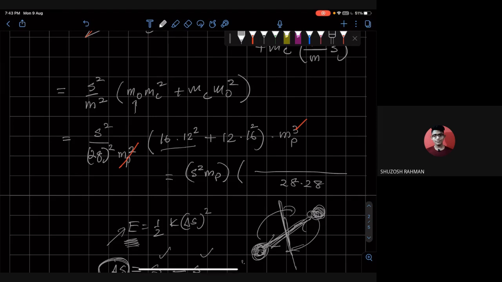so what is this? This is 4 to the power, sorry, 4 squared, 4 cubed, right? 4 cubed times 3. And this is 4 to the power 5 times 3.